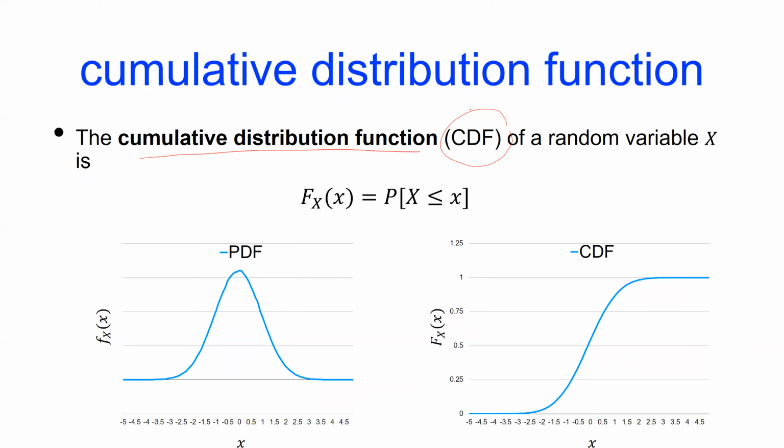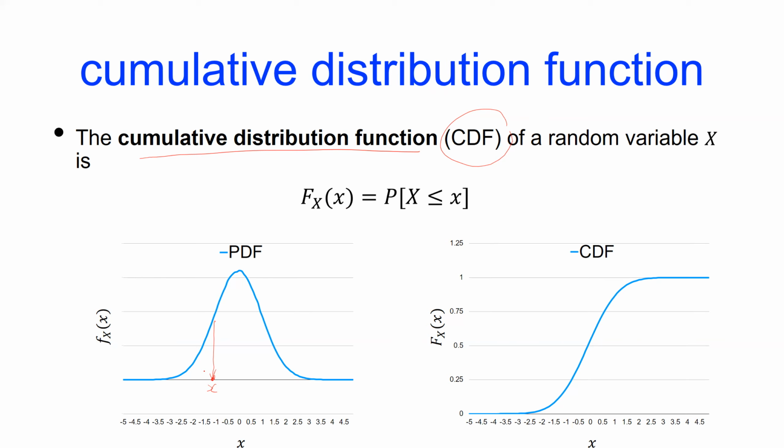CDF essentially says, if in the PDF I pick a value, let's say this is my X, what I care about is the probability of having a value smaller than this given X. So that is a CDF.